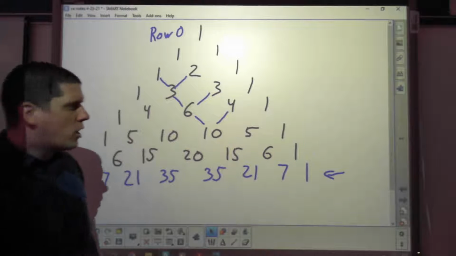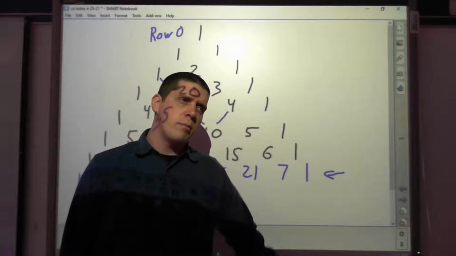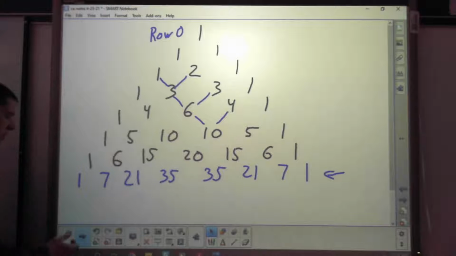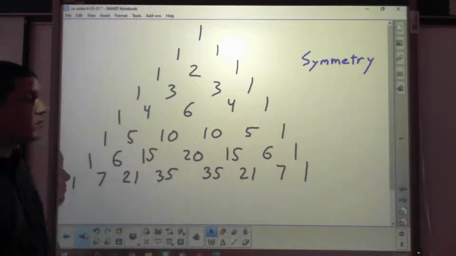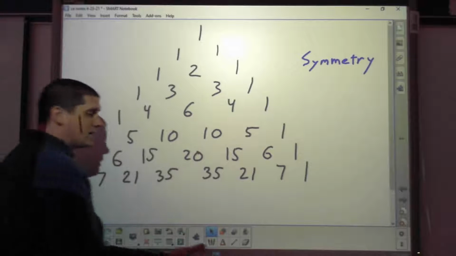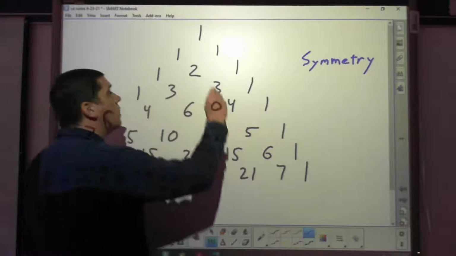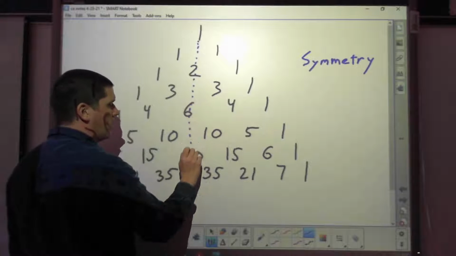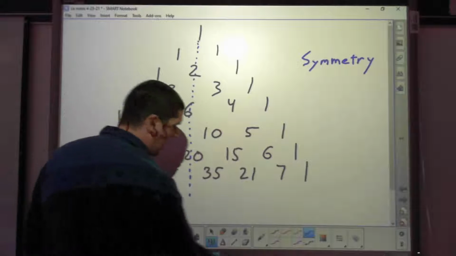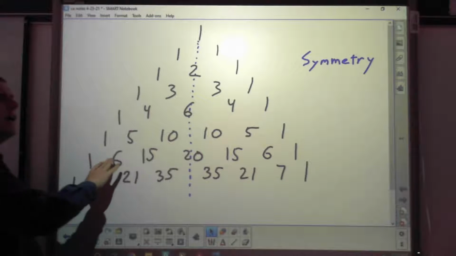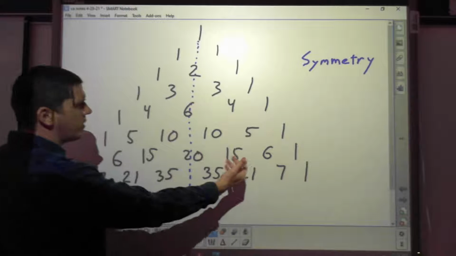So Pascal came up with this triangle, and then whenever Pascal himself or other mathematicians started to dive in and look at more things, there were a lot of cool things that we saw. So the first thing you might notice is that there is a line of symmetry here. If I were to draw a line right where that 1 is, right on down, notice that everything on the left side has a mirror image on the right side.